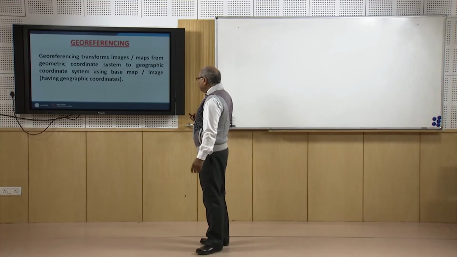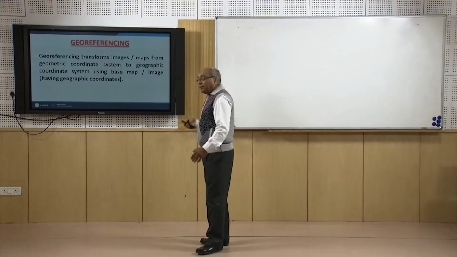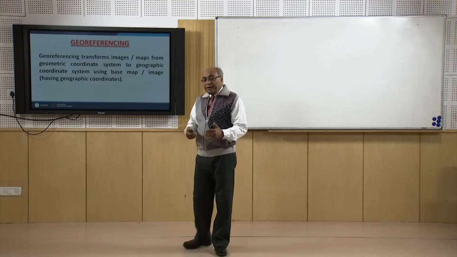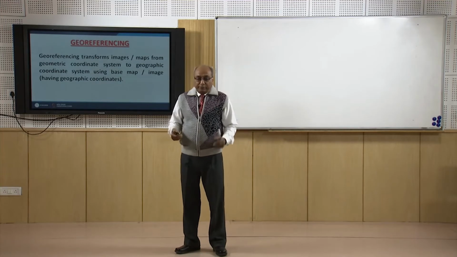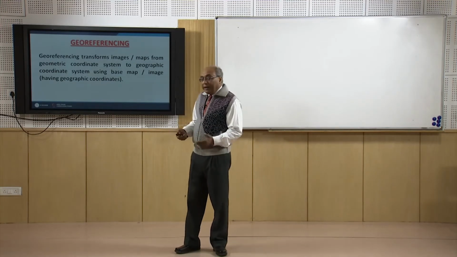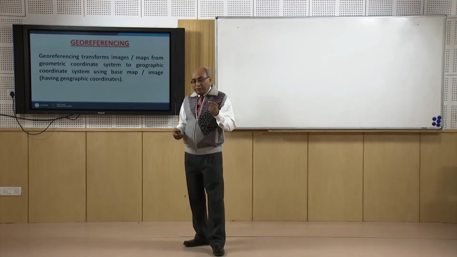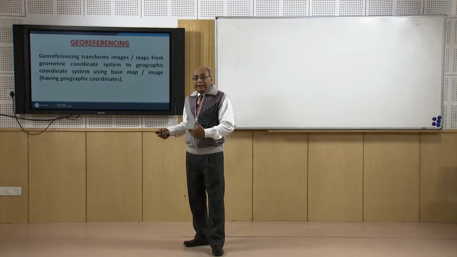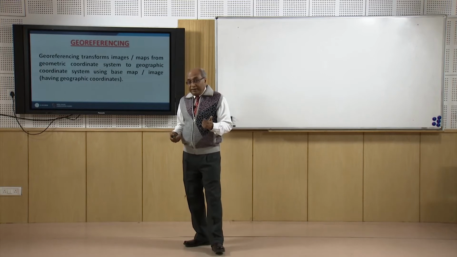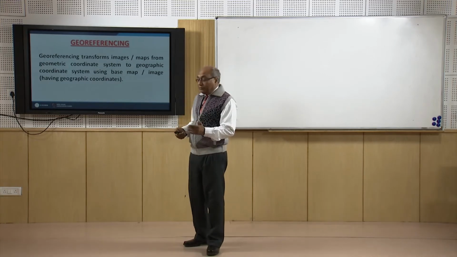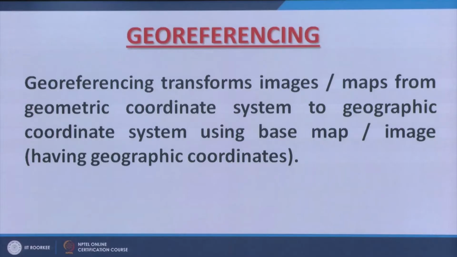So, if I scan a topo sheet, a Survey of India topographic map of say 50,000 scale, the image will have at the top left corner basically the first pixel, and this will remain in geometric domain unless we go for georeferencing. That is why all these maps, if they are scanned, will be in geometric domain.